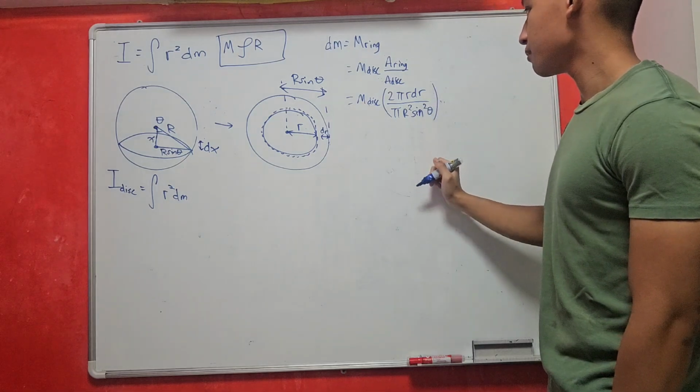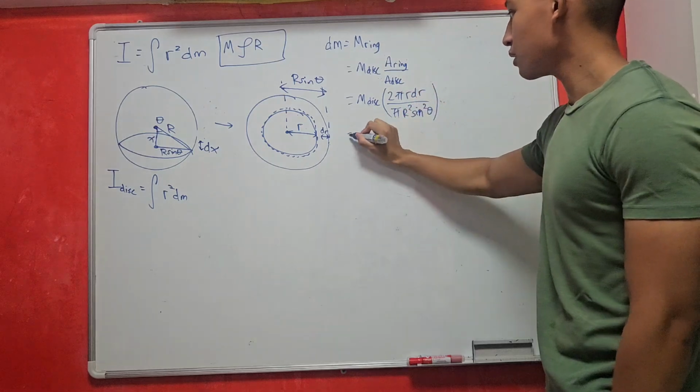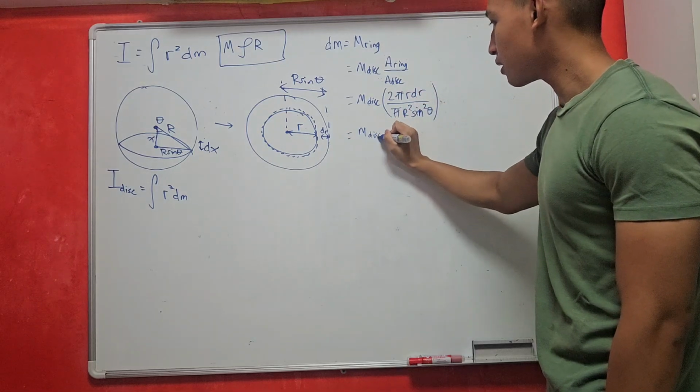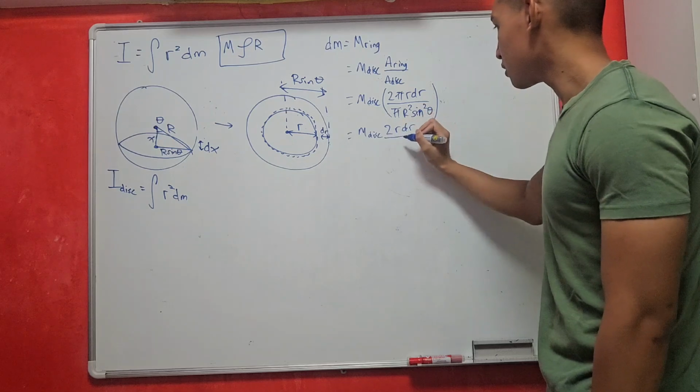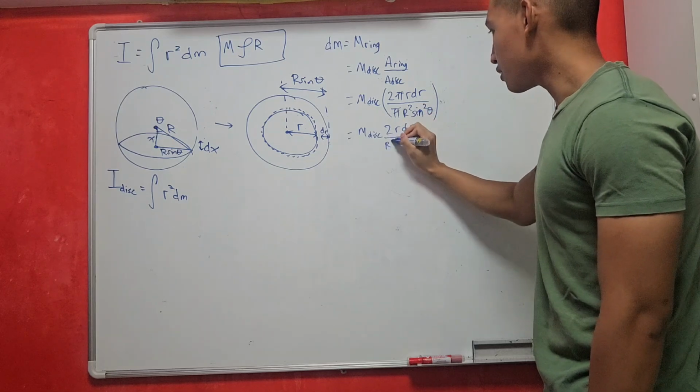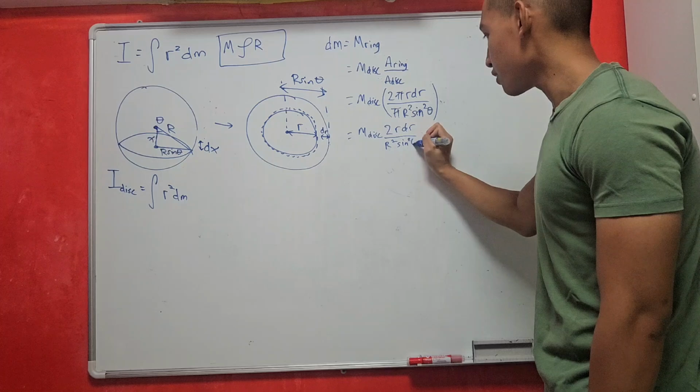We can simplify this to be m disk times 2 r dr over r squared sine squared theta.